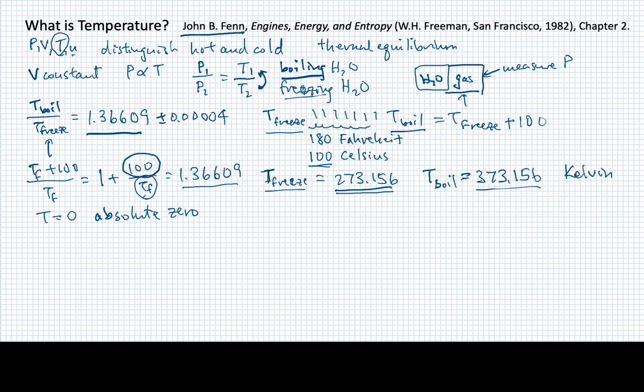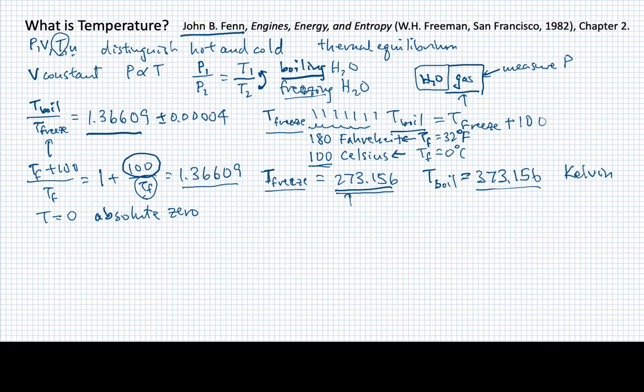Now, the Kelvin scale is not the only one. I mentioned the Fahrenheit scale up here. If we go into both what Fahrenheit and what Celsius did, they did not set the temperature of freezing at 273. In fact, Celsius set the temperature of freezing at 0, and Fahrenheit set it at 32.